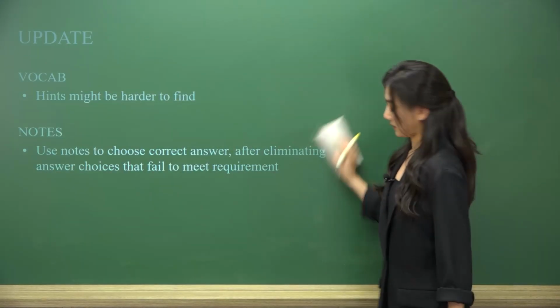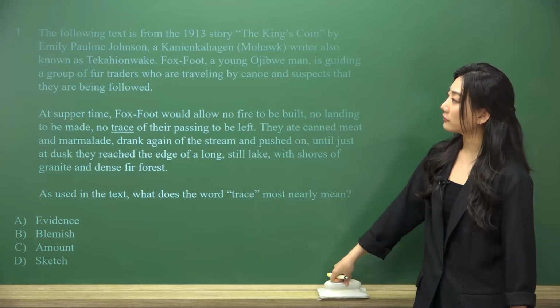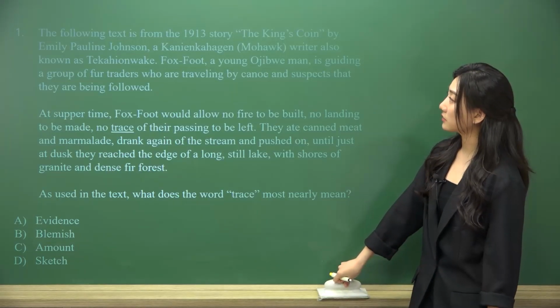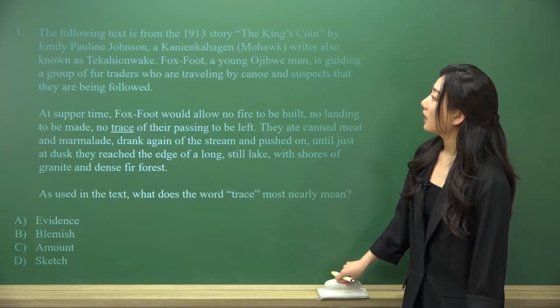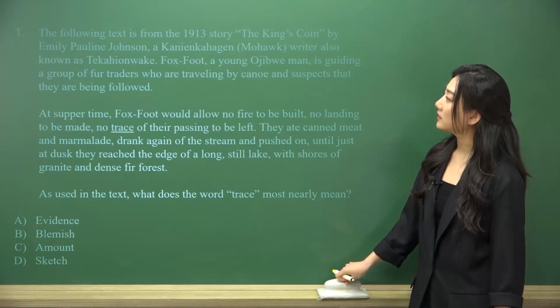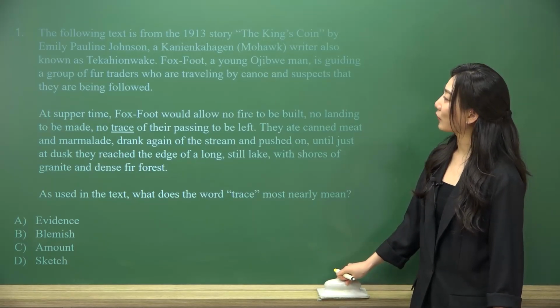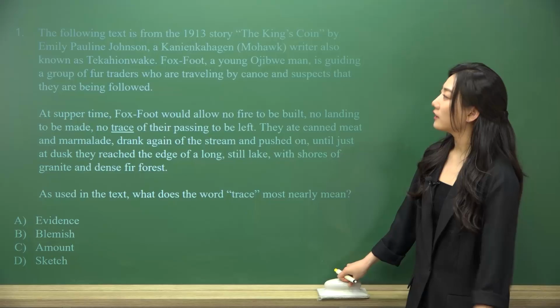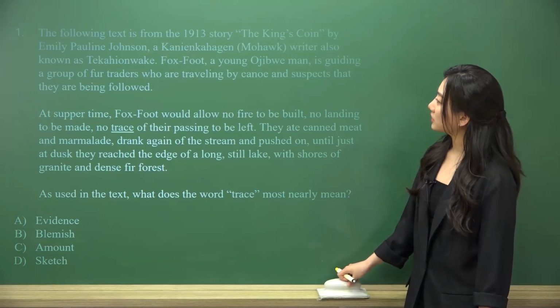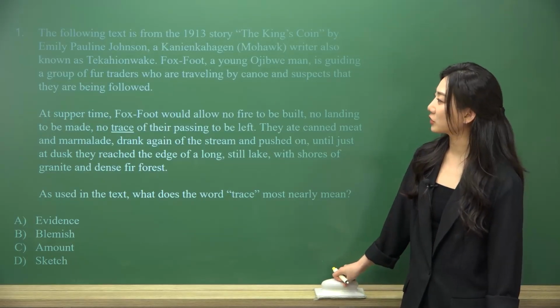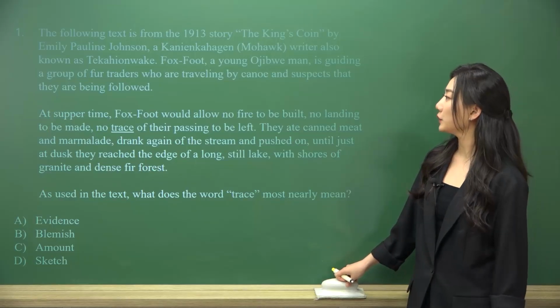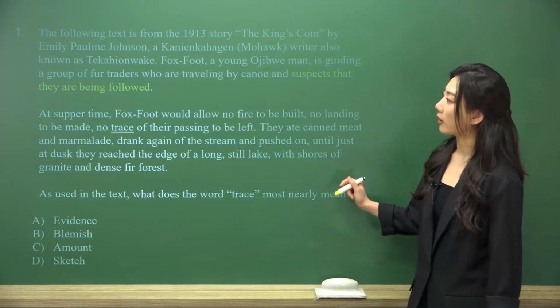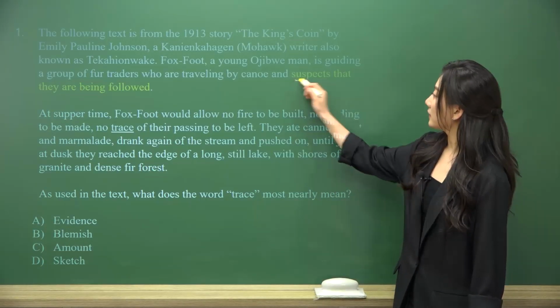Okay. Number 1. The following text is from the 1913 story, The King's Coin, by a Canadian writer, also known as T. Foxfoot. A young Ojibwe man is guiding a group of fur traders who are traveling by canoe and suspects that they are being followed.